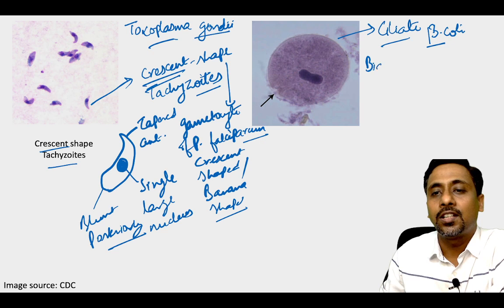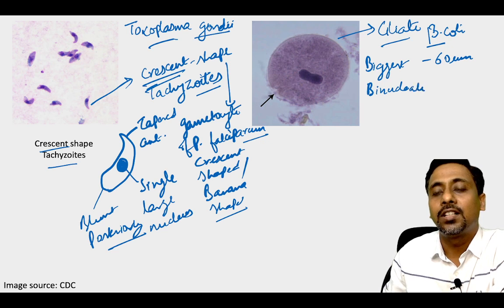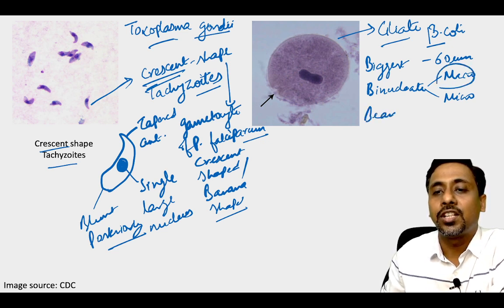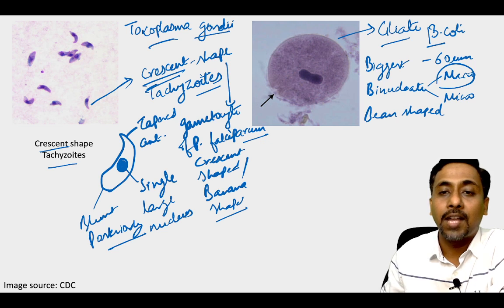First, as I told you, it is the biggest trophozoite, around 60 micron in diameter. Then it has got two nuclei. It is binucleate, one macronucleus and one micronucleus. And this macronucleus is bean shaped.